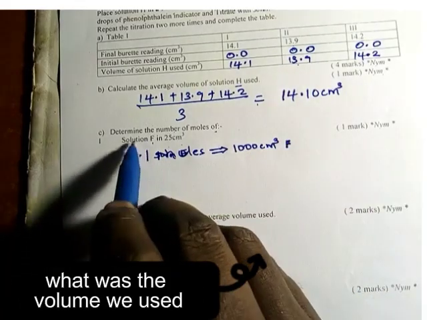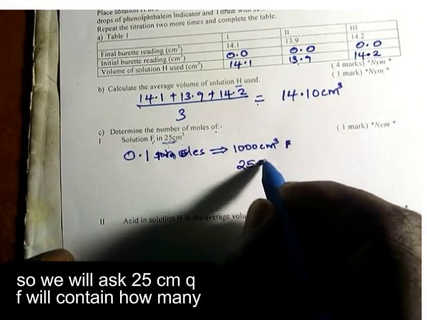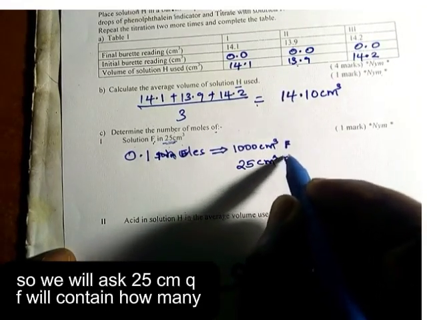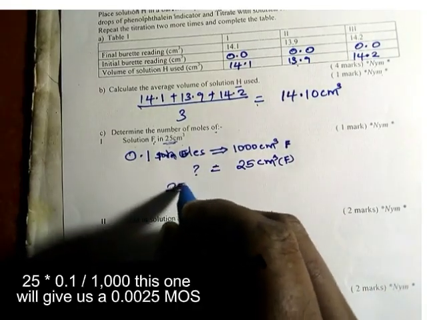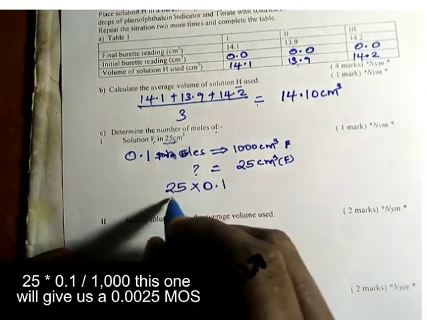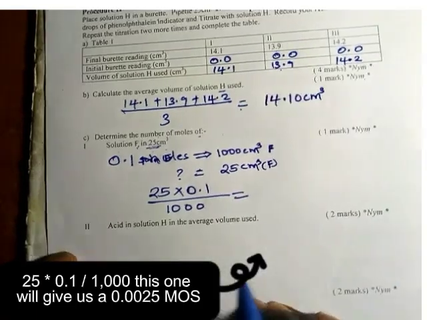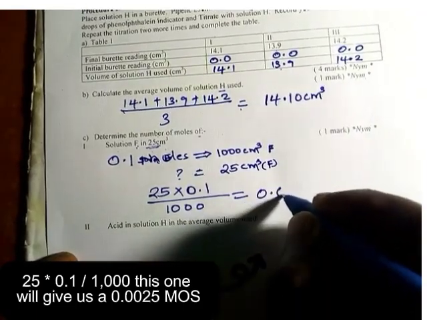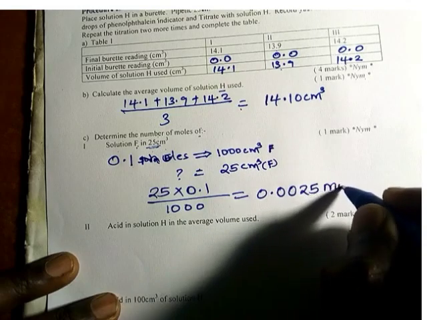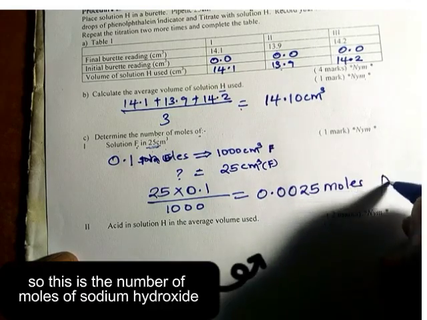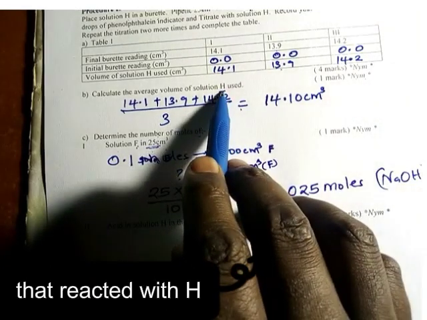What was the volume we used? It is 25, so we ask: 25 centimeters cube of F will contain how many moles? 25 times 0.1 divided by 1000 gives us 0.0025 moles. So this is the number of moles of sodium hydroxide that reacted with H.